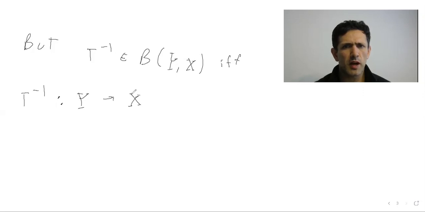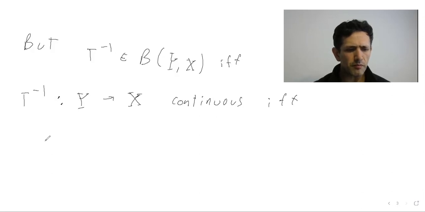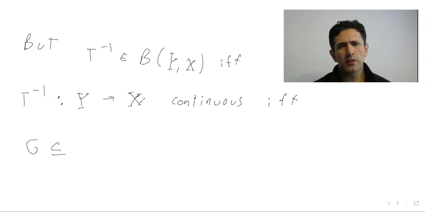Okay, and so this is one of those times where the abstract topological definition of continuity is extremely useful. Sorry, the inverse is bounded if and only if it is continuous. This is true if and only if the following statement is true. Well, continuity is equivalent to the inverse image of an open set is open. Well, take something in X. I'll just write it like this.